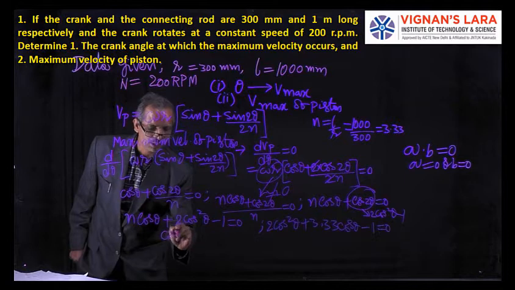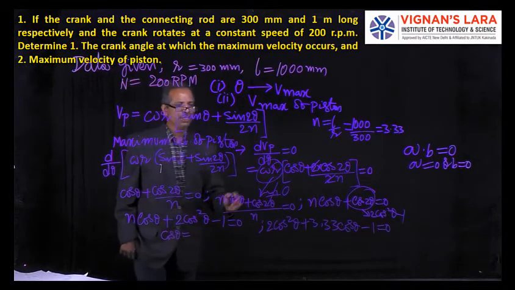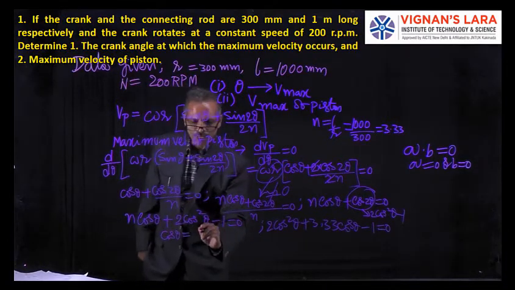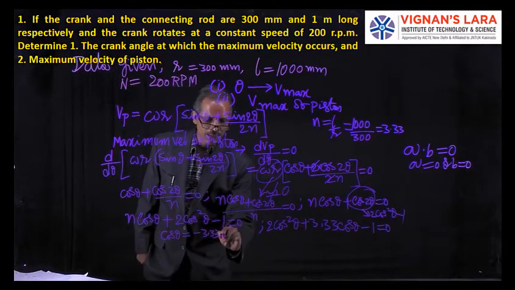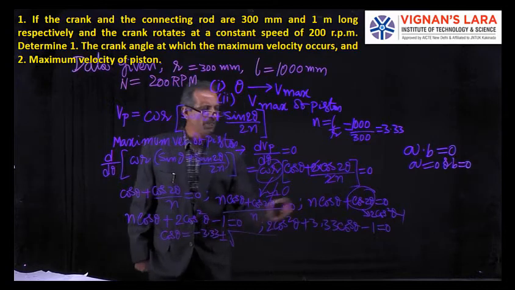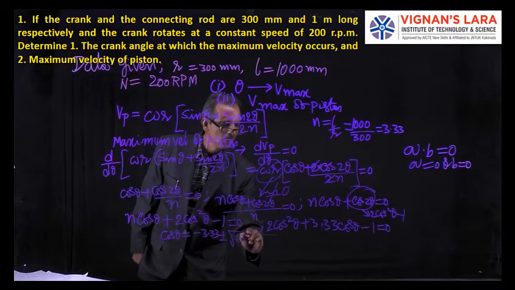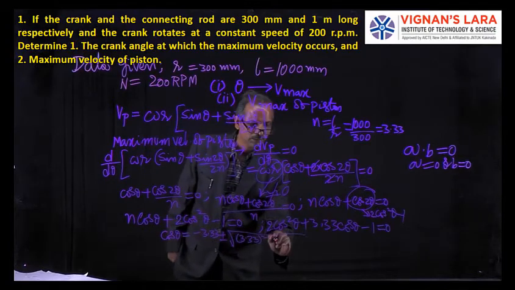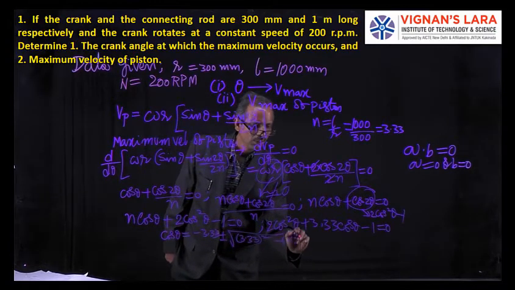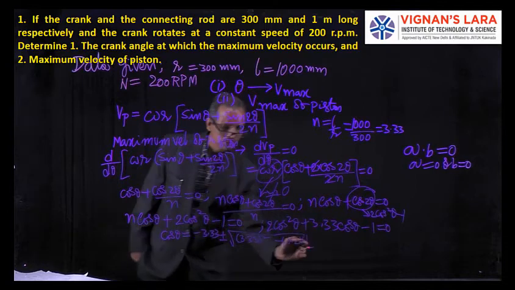Cos theta is equal to minus b, that is minus 3.33, plus or minus root over b square minus 4ac, by 2a.